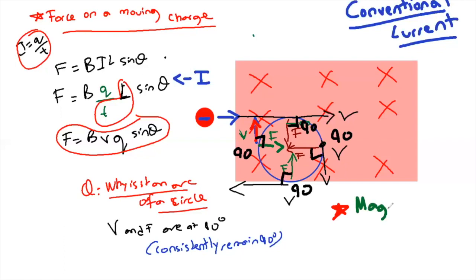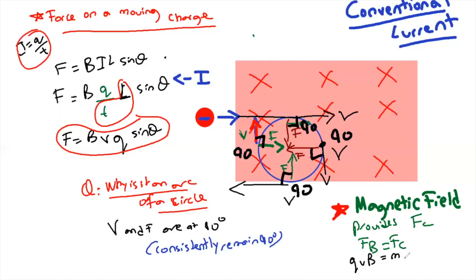Magnetic field. You know what I'm about to write. Magnetic field provides FB, or centripetal force. So I can get an equation here: QvB is equal to mv squared over R. We can cancel that, and I finally get R is equal to mv divided by QB.